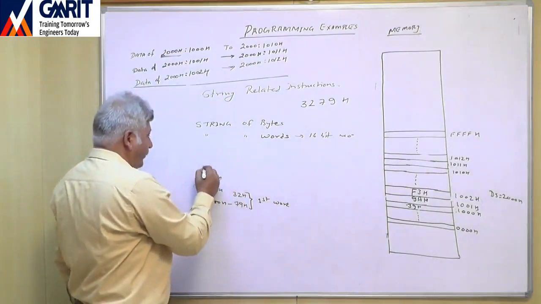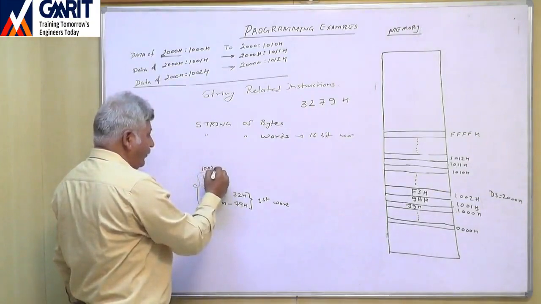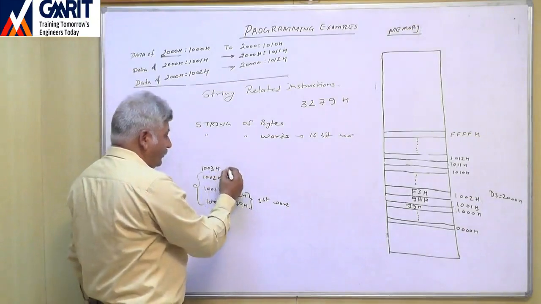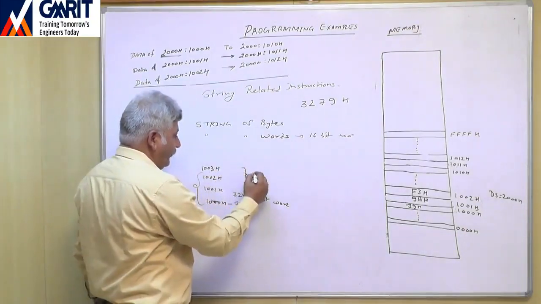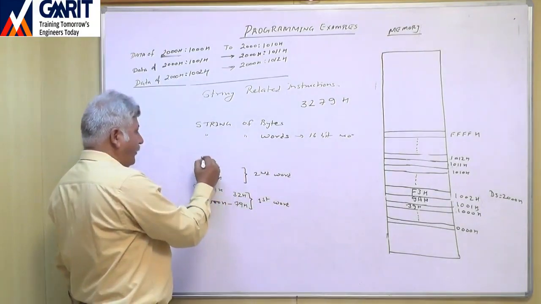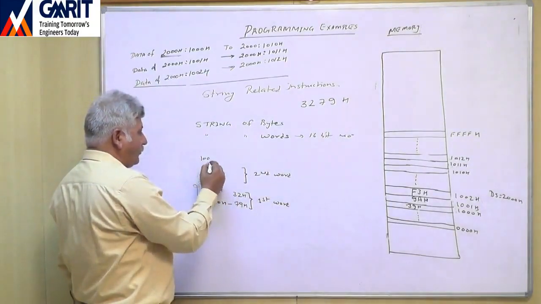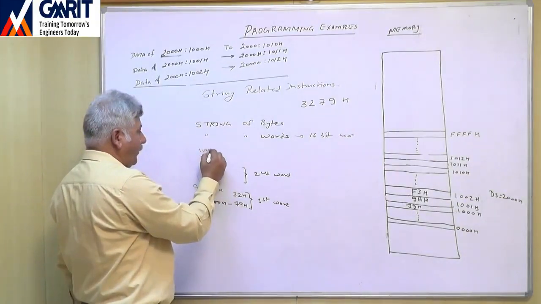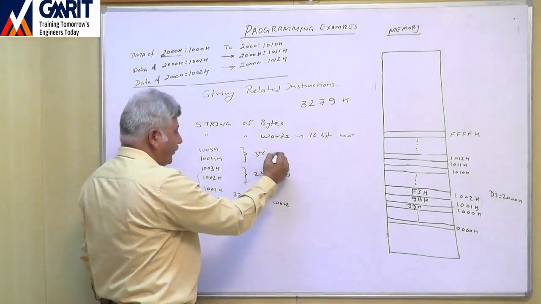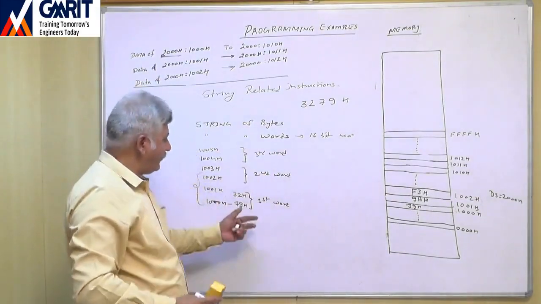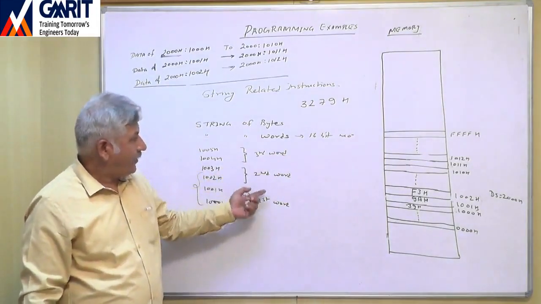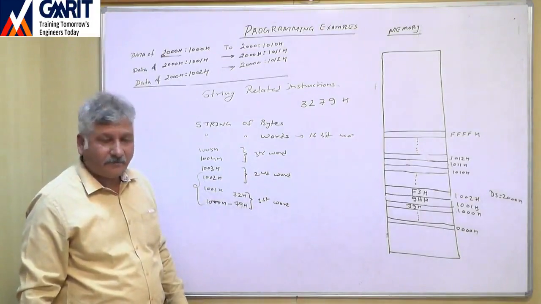The second word requires two memory locations, 1002H and 1003H, and the third word again requires two locations, 1004H and 1005H. So again the words are stored in consecutive memory locations. This is a string of words.